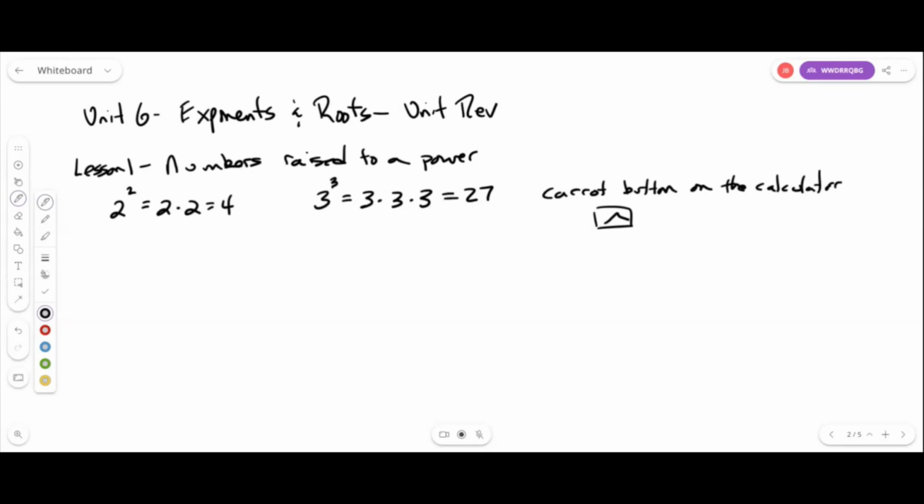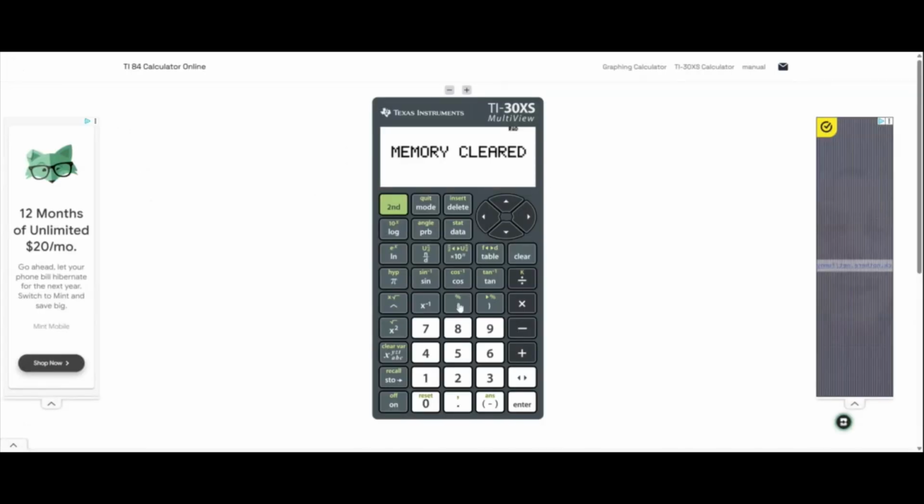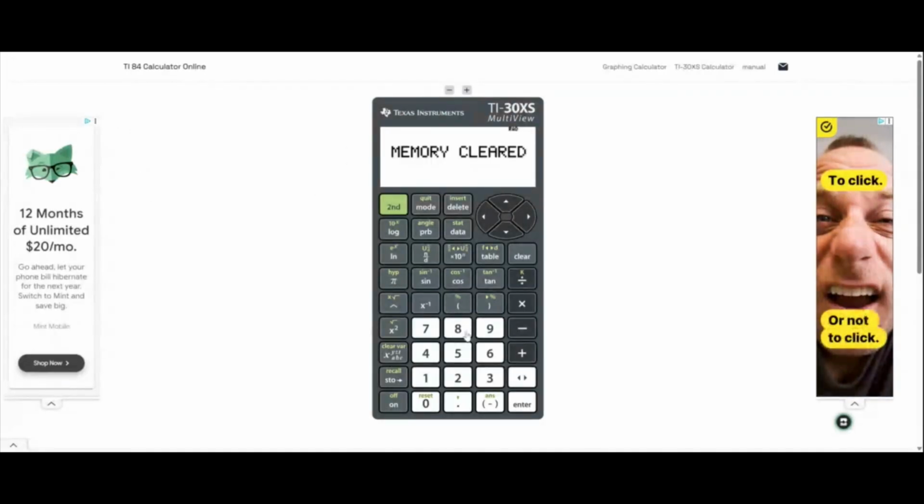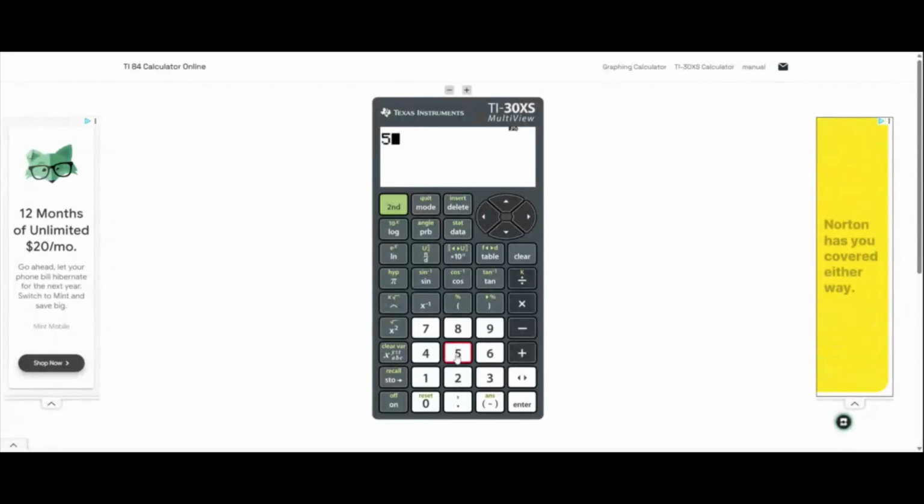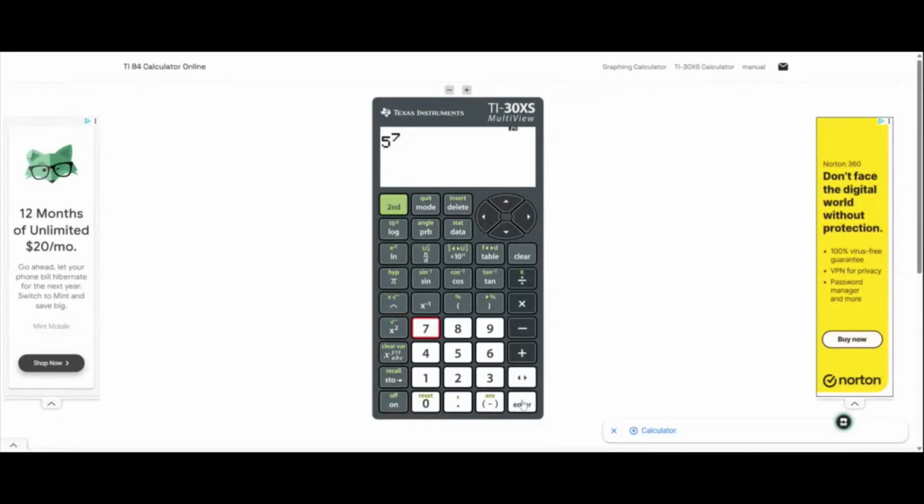So let me pull up my calculator quick. Okay, so if I wanted to do 5 to the 7th power, I would hit 5, the caret key, and then 7 for the exponent, hit enter, and we get 78,125.